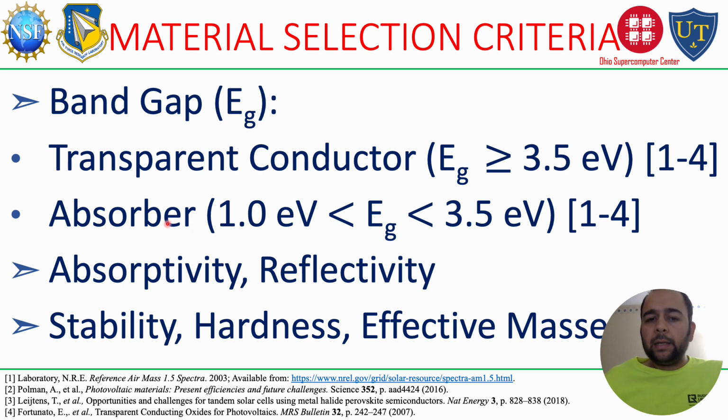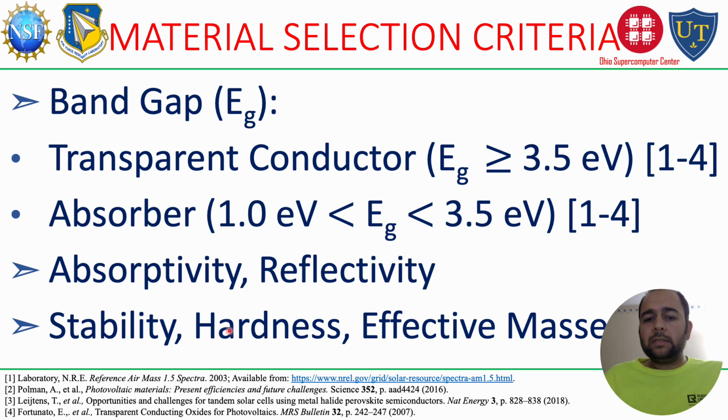Once we figure out the band gap of a material, we have to research absorptivity and reflectivity, because any two different materials with the same band gap may not have the same absorptivity and reflectivity. Once we consider absorptivity and reflectivity as our second material selection criterion, we again have to dive into further research into stability, because in order to realize a material in a lab, it has to be stable.